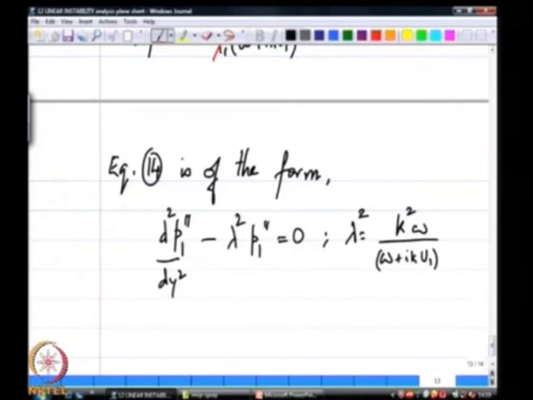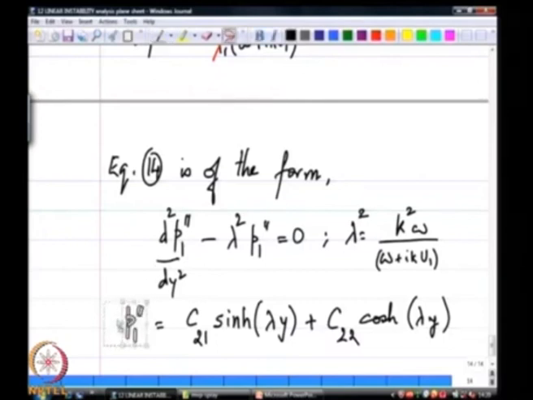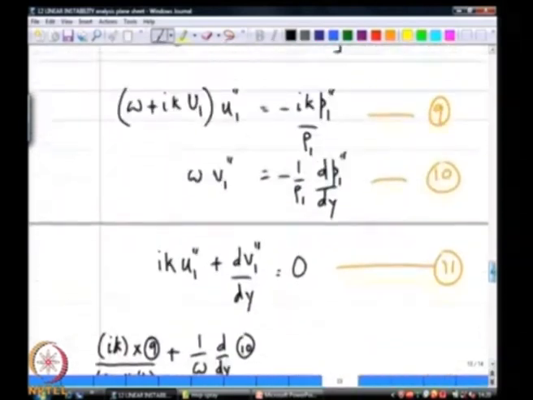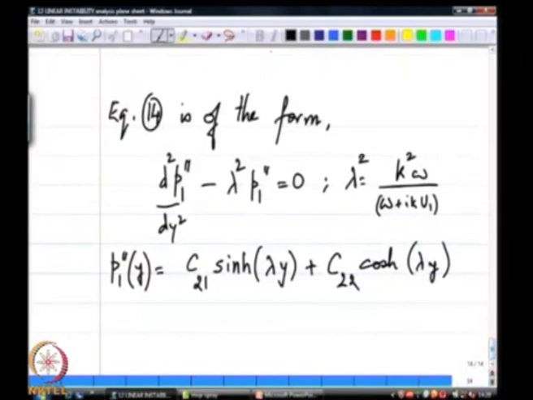The solution to this, we will call these C 2 1 and C 2 3 just for consistency of nomenclature.